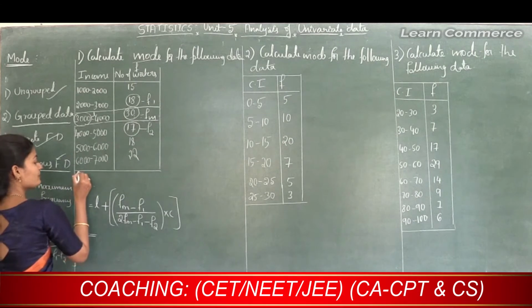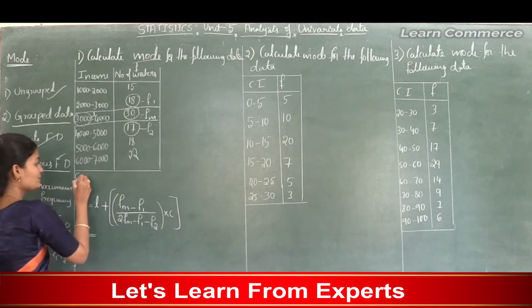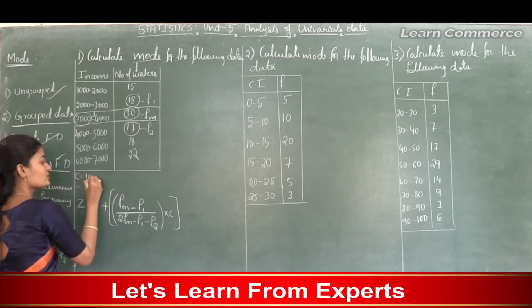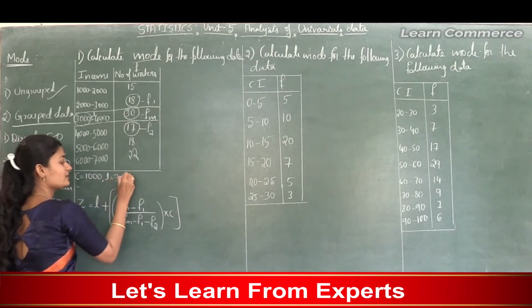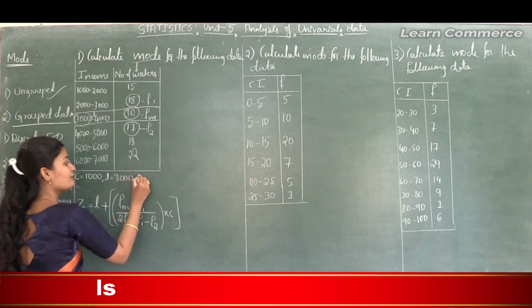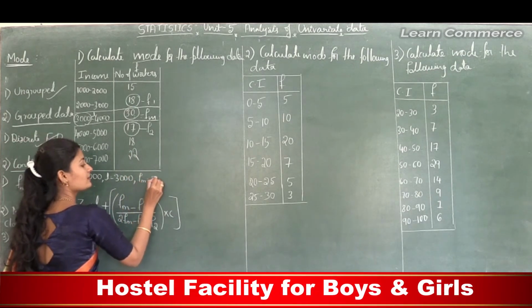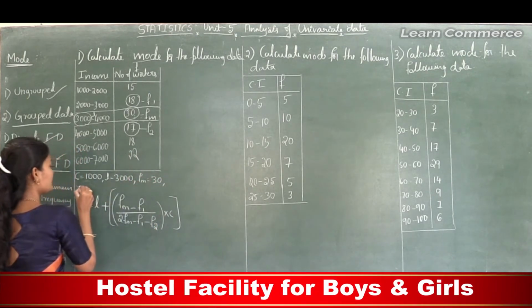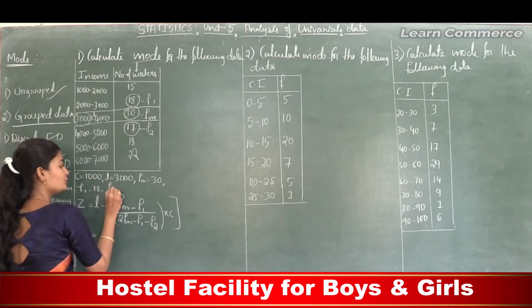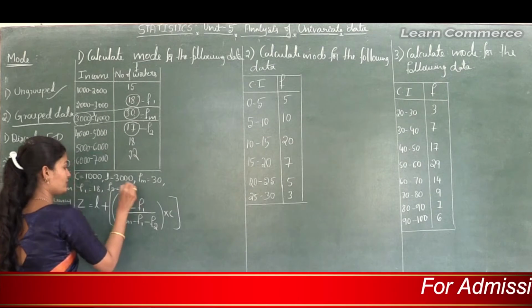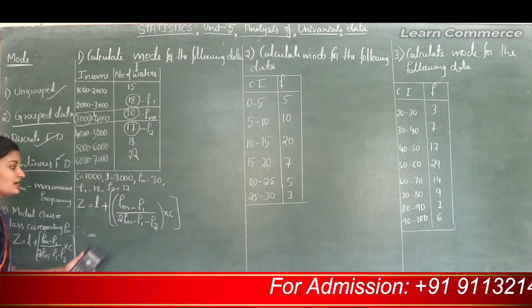So here the values are: C, class width, is 1000, and L is 3000. Then FM is 30, F1 is 18, then F2 is 17.